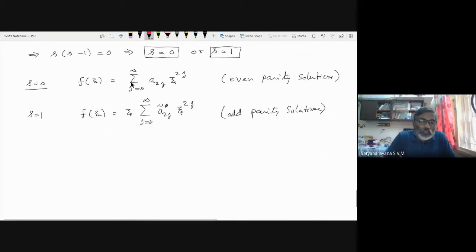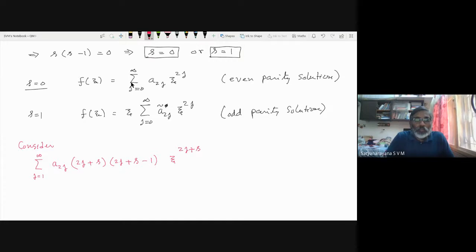So consider this sum. Consider the sum over j equal to 1 to infinity of a 2j into 2j plus s into 2j plus s minus 1 into xi to the power 2j plus s minus 2.